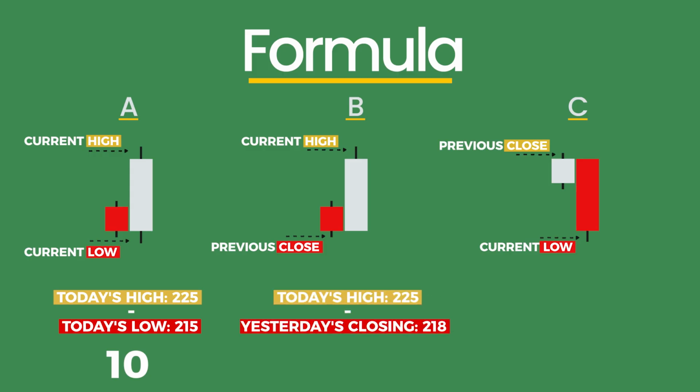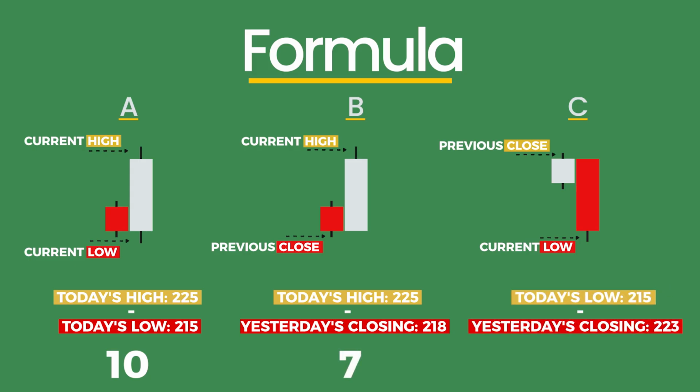Current high is 225, yesterday's close we assume is 218, so this minus that is 7. The third condition is the current low minus the previous close. Let's assume the current low is 215 and the previous close was 223. So 223 minus 215 is 8.